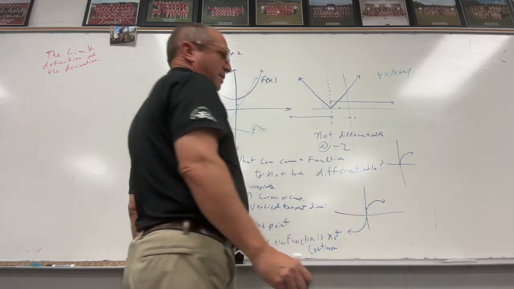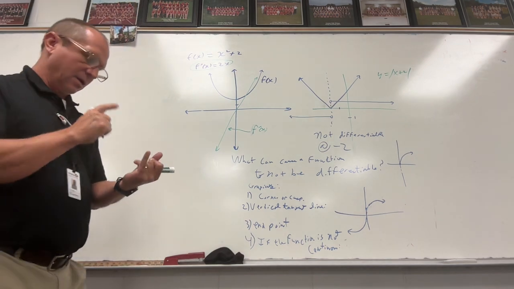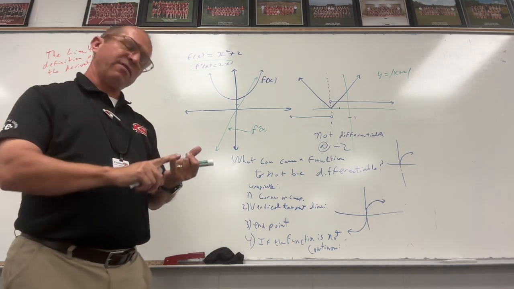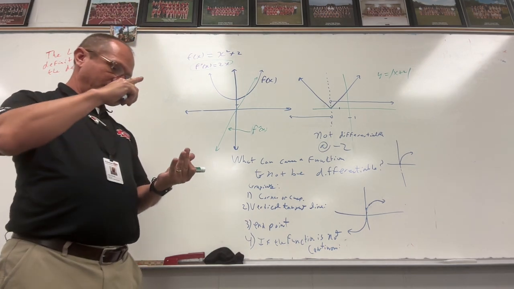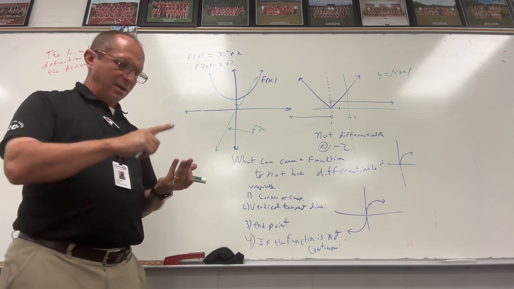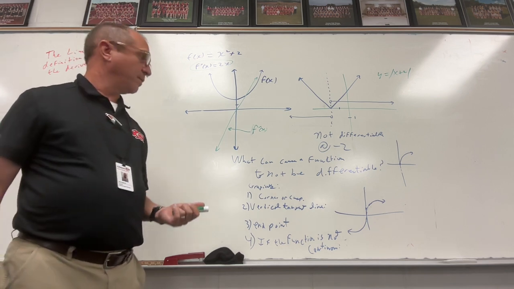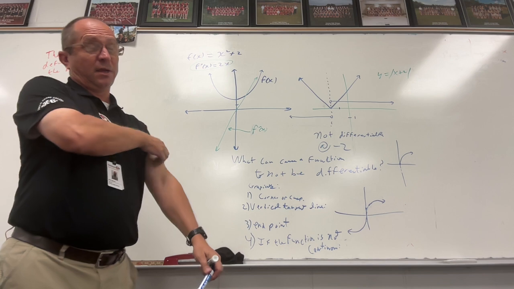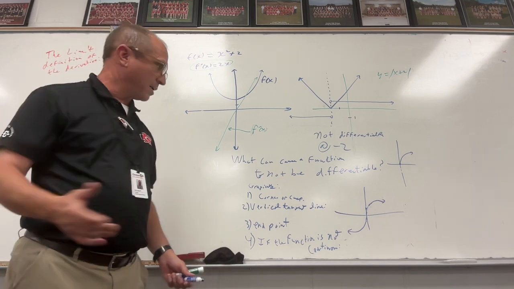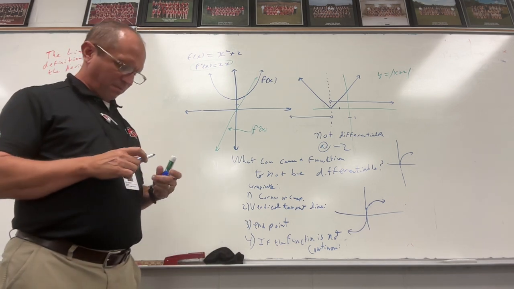We talked about continuity. Where is it continuous? f has to be defined at that value. The limit has to exist at that value, and the limit has to equal that value. So it could be discontinuous because it's not defined there. Several different things would keep it from being continuous.